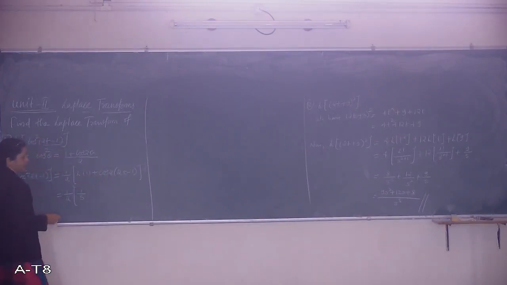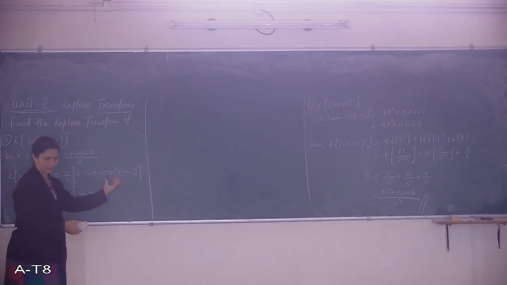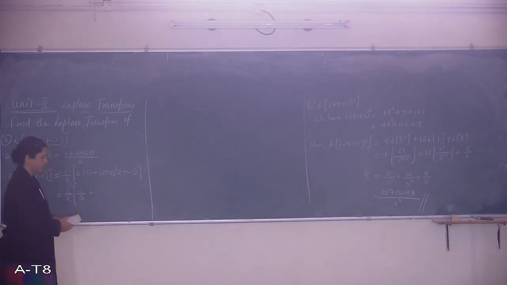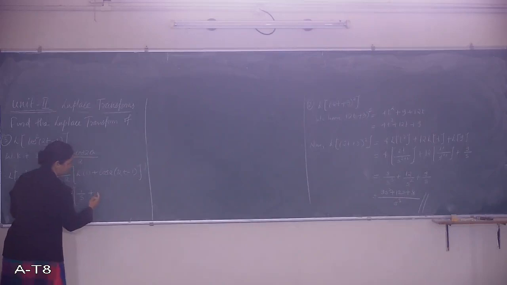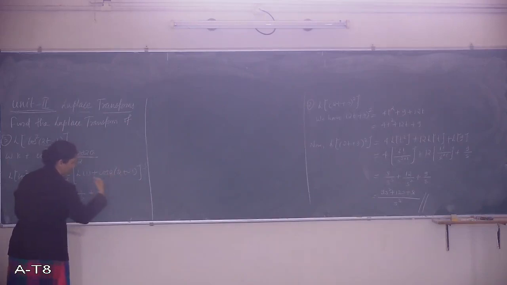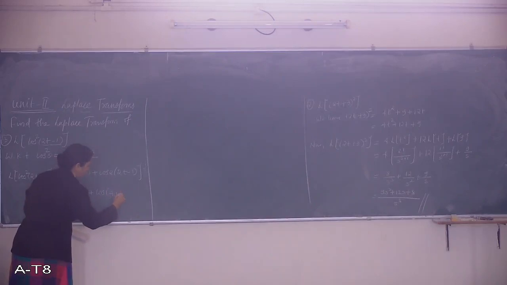But what is the Laplace transform of this cos of 2 into (2t minus 1)? Again, it is not in standard elementary form. To bring it into that form, first I multiply this angle with 2. So write this as cos of (4t minus 2).